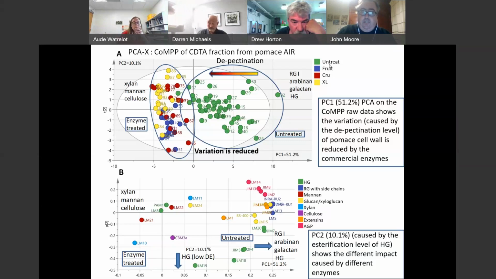And it shows that the enzymes do not affect esterification levels, at least in our data, which indicates, so usually if you have methyl esterification of pectin, one of the side effects could be that the methyl groups get removed and then you increase methanol in your samples, which is undesirable from a wine perspective. So clearly the enzymes are breaking down the pectin without breaking down the methyl groups of the pectin. At least that's what we think.